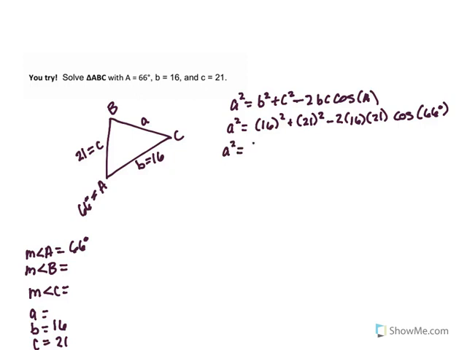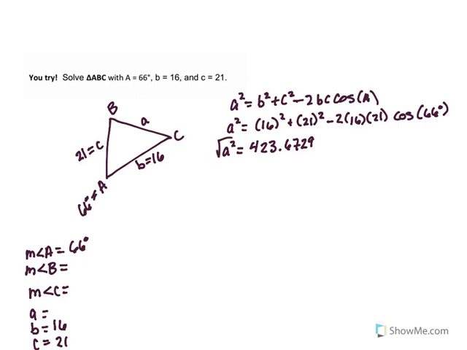A squared is going to be 423.67. We can write the 29, but it's probably not going to make a huge difference. One thing I just thought of, when you type this in your calculator, type it in exactly that way with those parentheses. Don't type in 2 times 16 times 21. Just use your parentheses. That means multiplication.